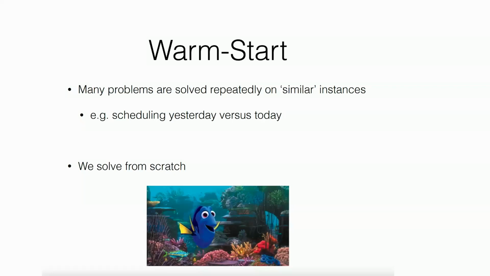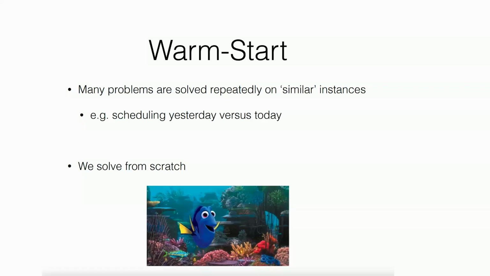That's a weird way to think about things in practice, because in many cases you're solving repeated problems on similar instances. Like your scheduling problem, if you're scheduling pilots on airplanes, often your scheduling problem for one day is going to look very similar to the scheduling problem you had on the previous day. And yet in worst case analysis, we always start directly from scratch, which is a little weird. Now, the problem obviously is, you want to take advantage of similar instances, but what does similar mean? How are we going to formalize that in a way that we can actually study?